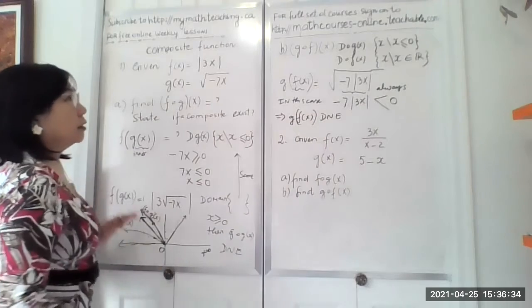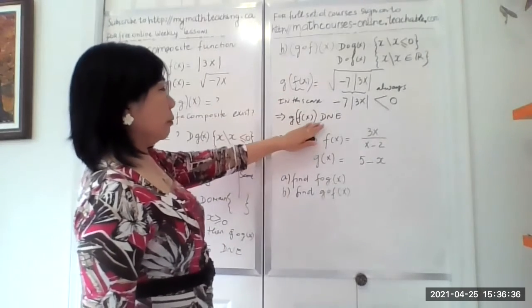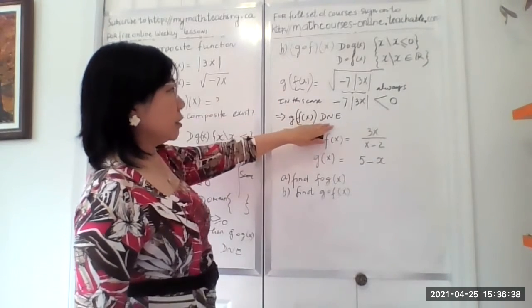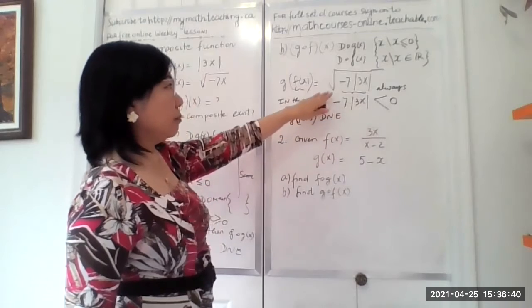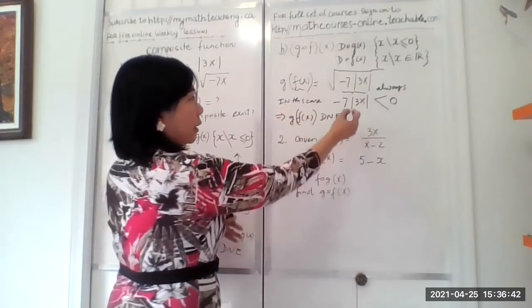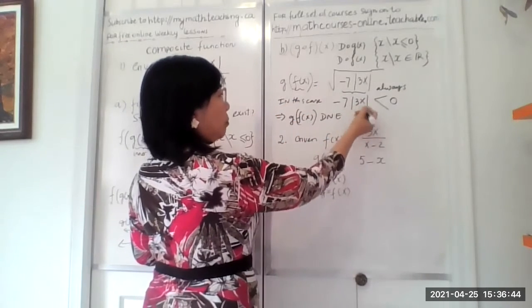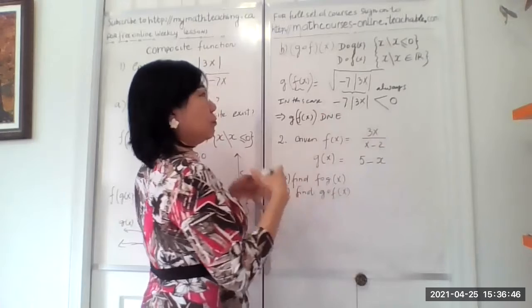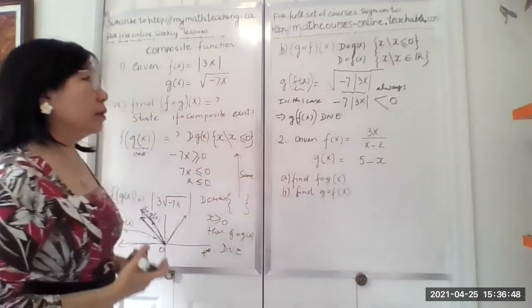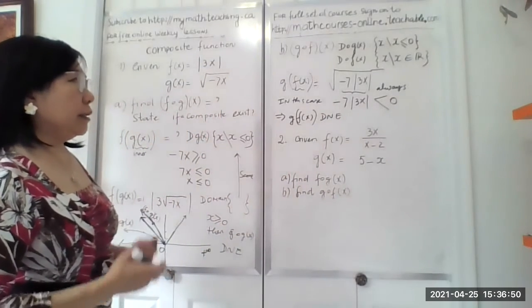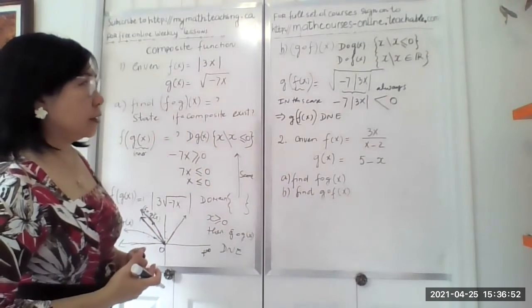If we find g of f of x, the function does not exist, because no matter that the absolute value is positive, the minus 7 will make it always negative. Therefore the function does not exist.